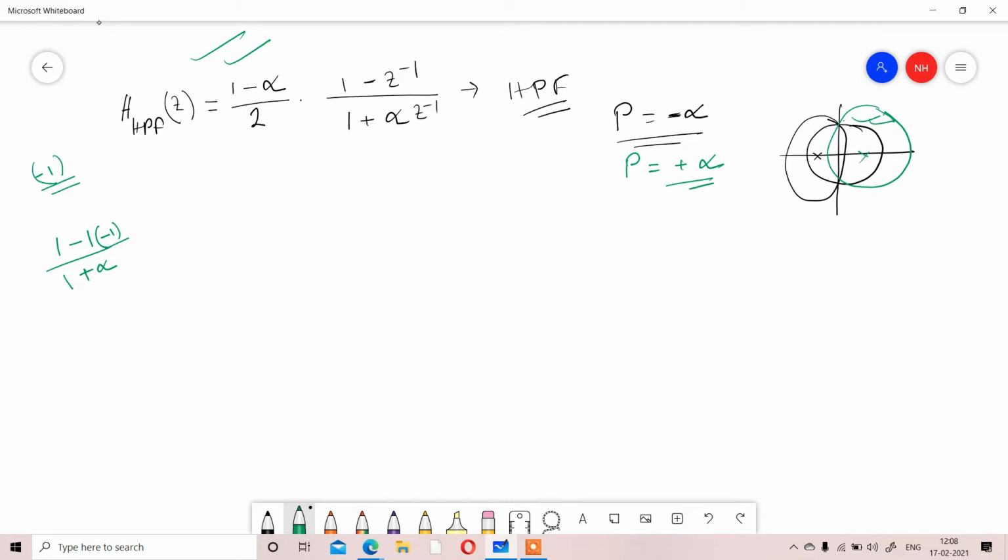That 1 value will be multiplied by minus 1, and that alpha value will be multiplied by minus 1. Okay, so that will be 1 minus alpha by 2.